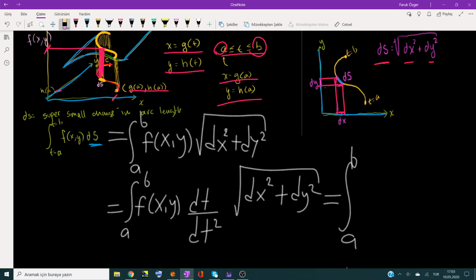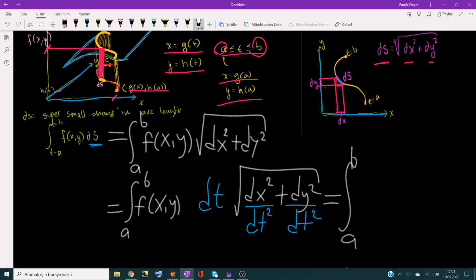I'm sorry, let me multiply this by dt, and this is dt square divided by dt square. I think this is the same.